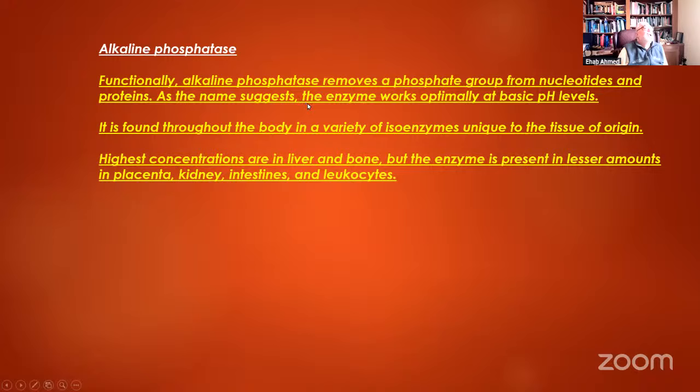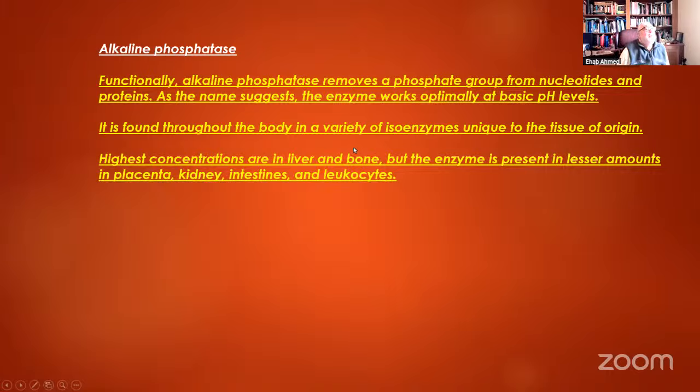Then comes alkaline phosphatase. It removes phosphate group from nucleotides and proteins. And this enzyme works optimally at basic pH levels. So there is an optimal pH for alkaline phosphatase to work.